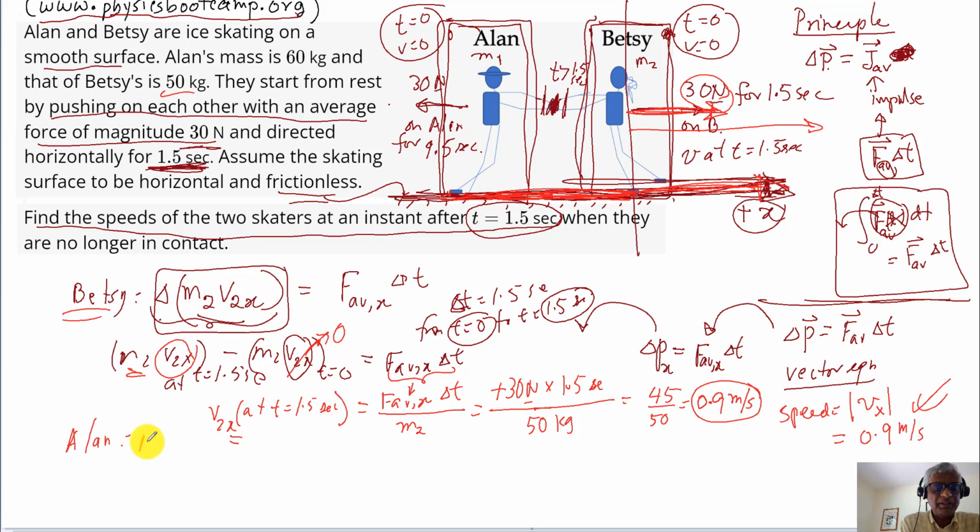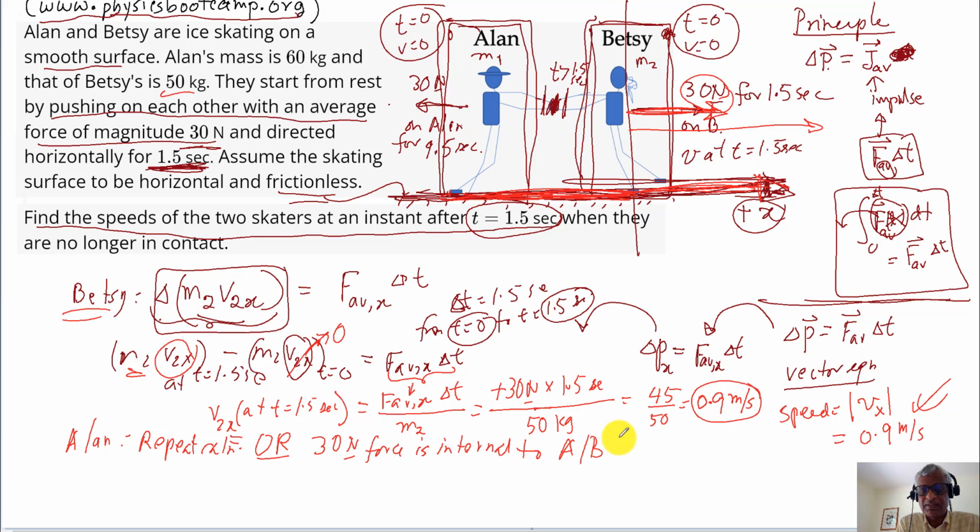I can repeat the calculation, or we can say this 30 Newton force is internal to the Allen-Betsy combined system, which means their combined momentum is not changing.